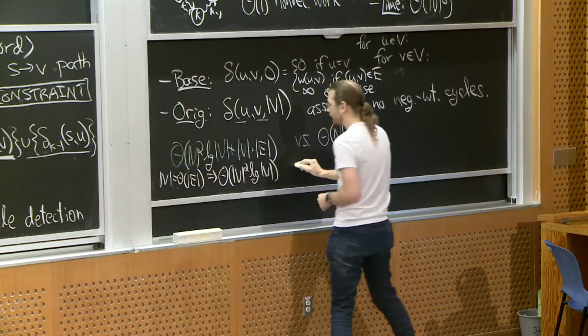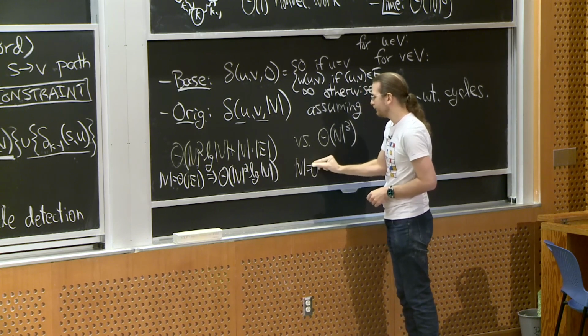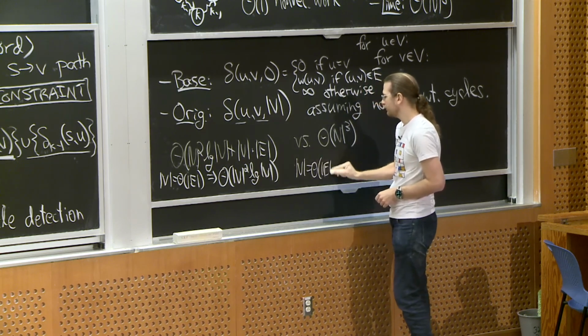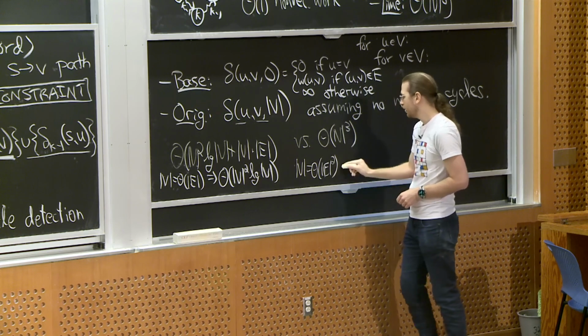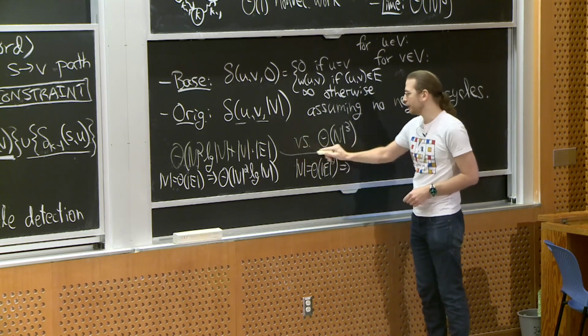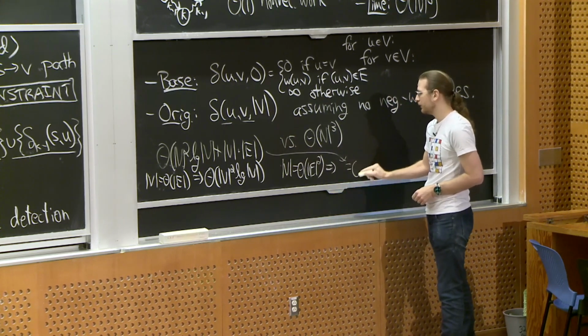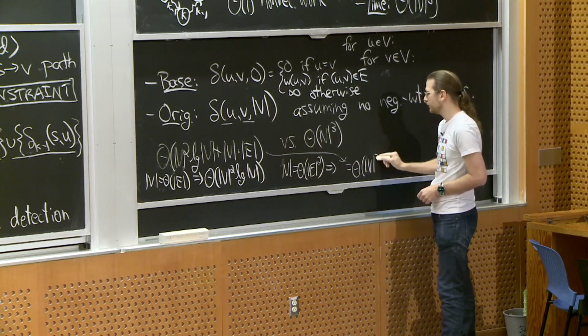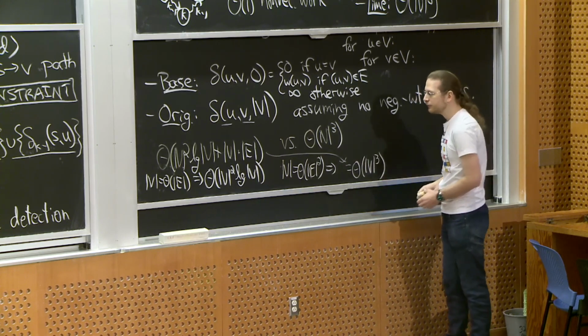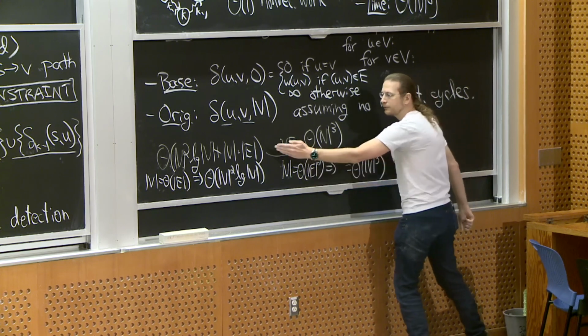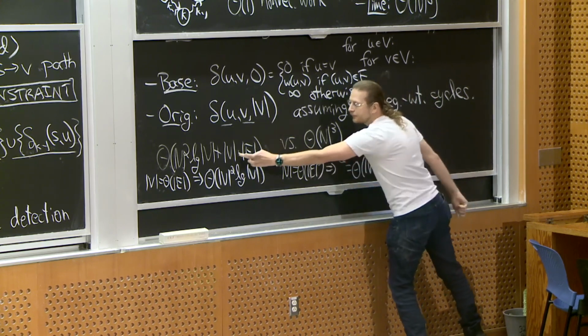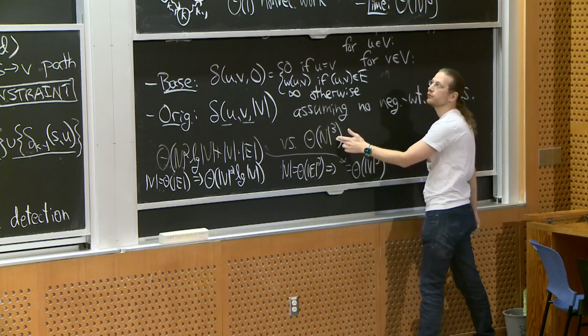On the other hand, if we have a very dense graph, E is theta of V squared, which for simple graphs is the most we could hope for, then this running time is V cubed. So if you know that E is near V squared, then this is giving you V cubed anyway from the VE term. So why not just use this algorithm?